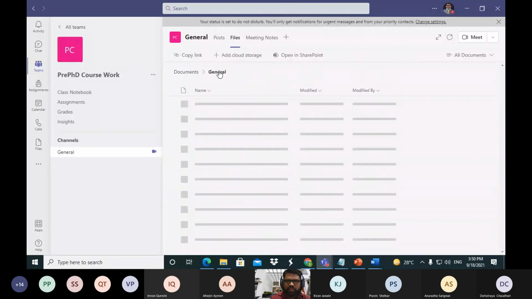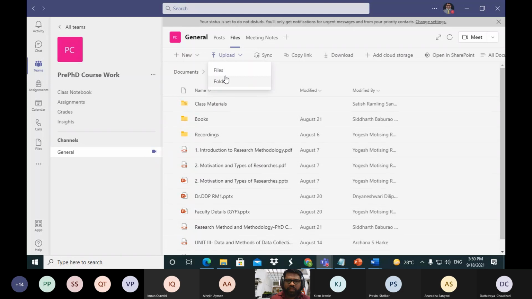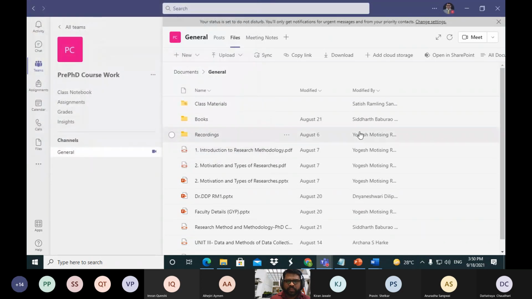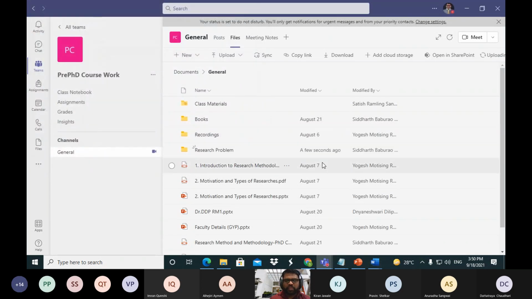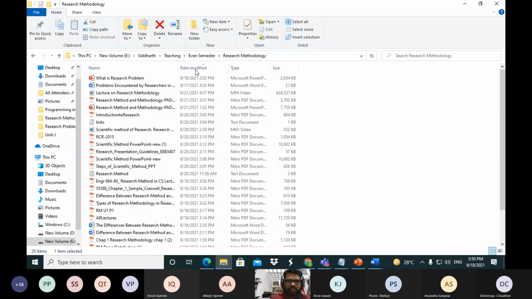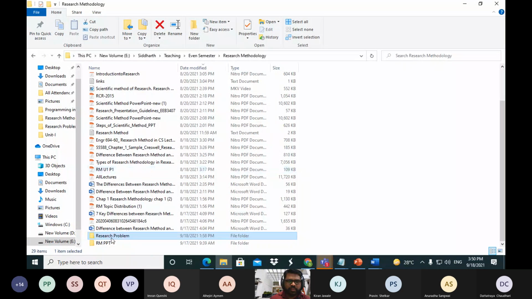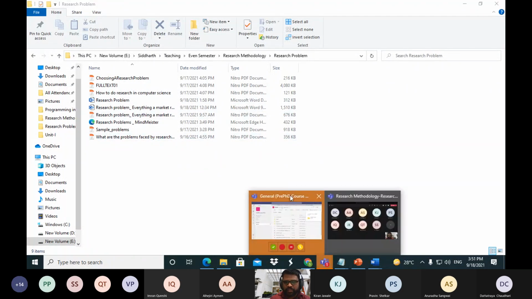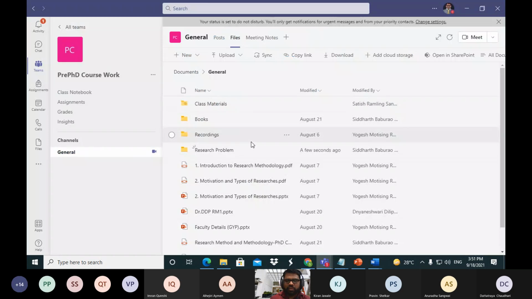You can refer to them from this side, and I will upload the folder on research problem. You will get these four PDFs. All these PDF files are also uploaded there, so you can download and open them.